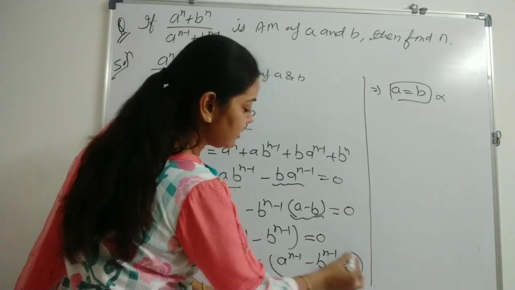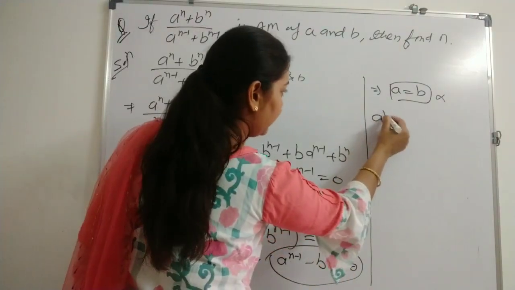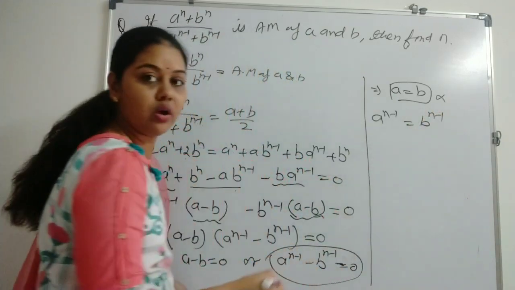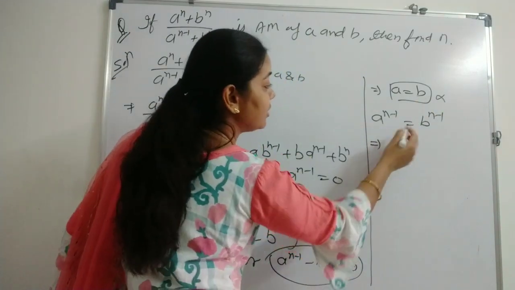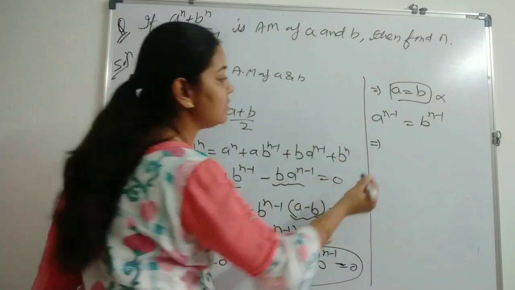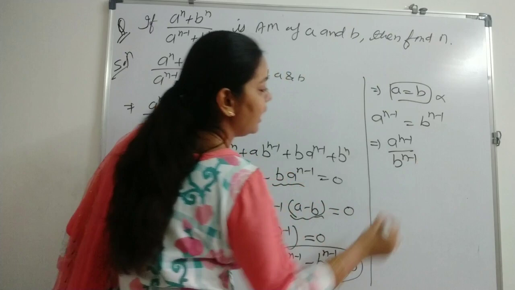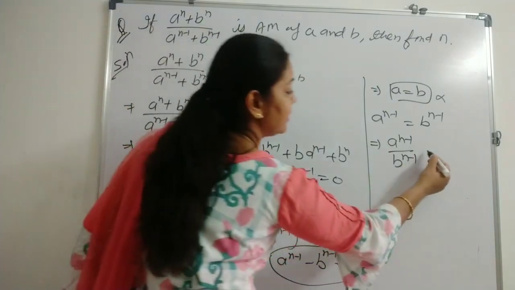So consider the other factor. a^(n-1) will be equal to b^(n-1). On dividing by b^(n-1), we get a^(n-1) upon b^(n-1) equals 1.